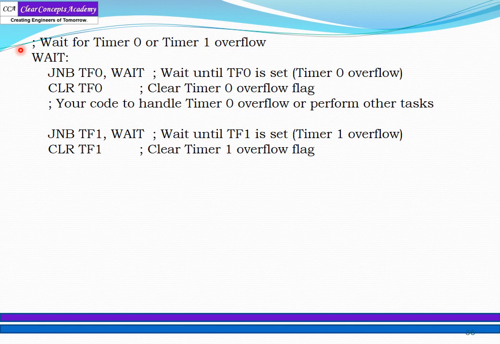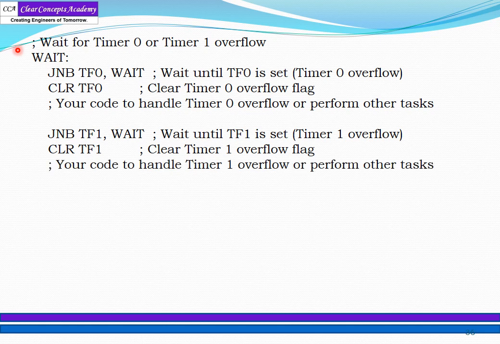Once it overflows, you clear the timer 1 flag and write some code for timer 1 overflow. That is an interrupt service routine for timer 1 overflow. Repeat the process as needed for both timers.